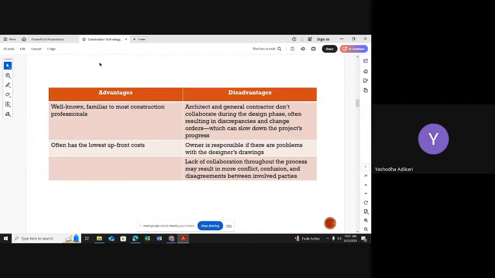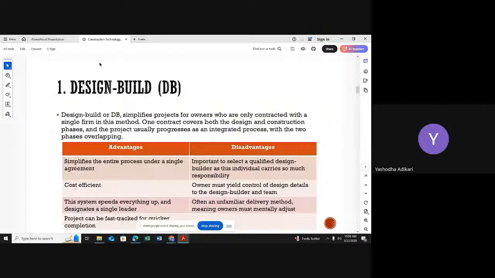In my previous project delivery method, in that one, there is no option. You have no option. You have to work with one person. That means you have to agree with the contractor's project budget.